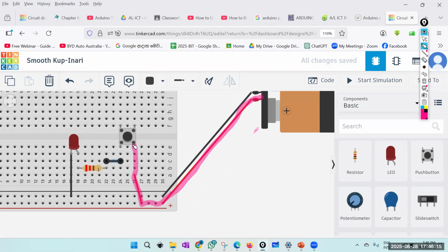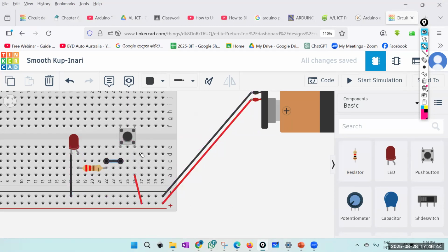And when you haven't pushed it, that's the end of the story. When you push it, it goes like this, then goes through the resistor, through the LED bulb, comes to this power rail, and goes to the ground or the negative. But that happens only when you push it. When you push it only, this gate is closed.